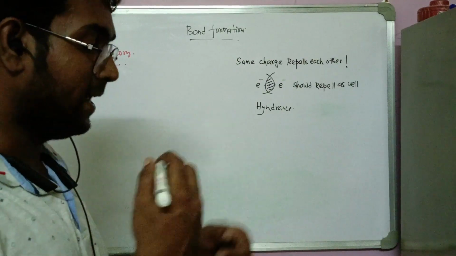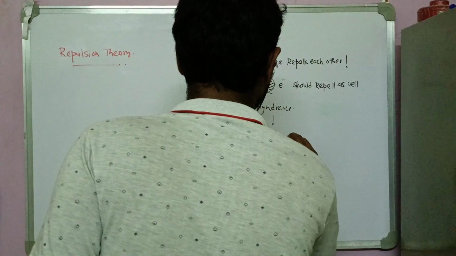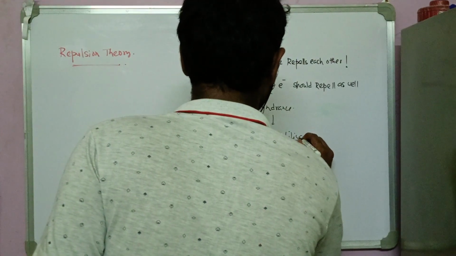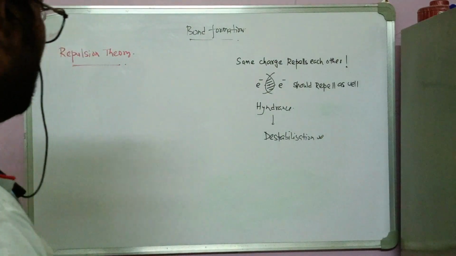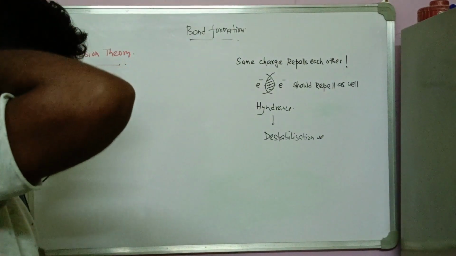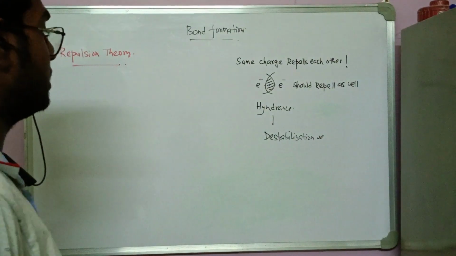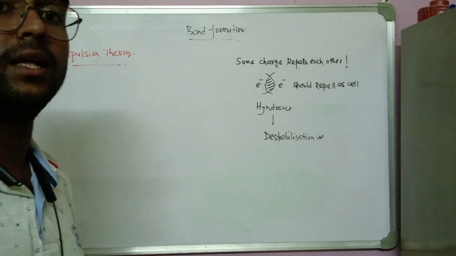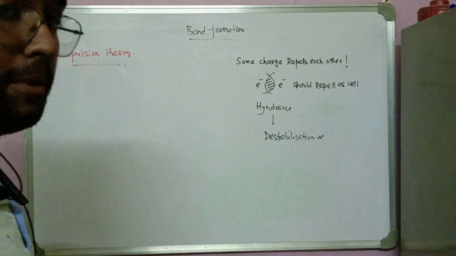We all know that hindrance tends to destabilization. That means the stability of such a system will decrease, and a system will not have the tendency to undergo destabilization, because every system has a tendency to gain stability. So we have to minimize this electron repulsion.